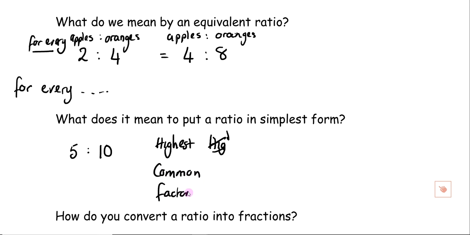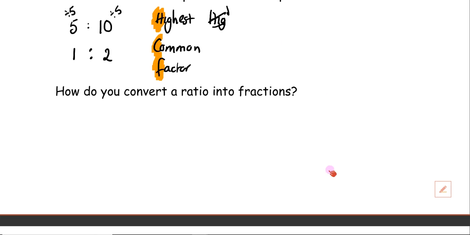So what's the highest common factor of 5 and 10? 5. So this is what Luke was saying now. Divide by 5, divide by 5, and I get 1 to 2. And if that's the highest common factor, maybe you've seen it as HCF. Have you heard that before? Nope. No? Okay. I'm going to skip that one for now.